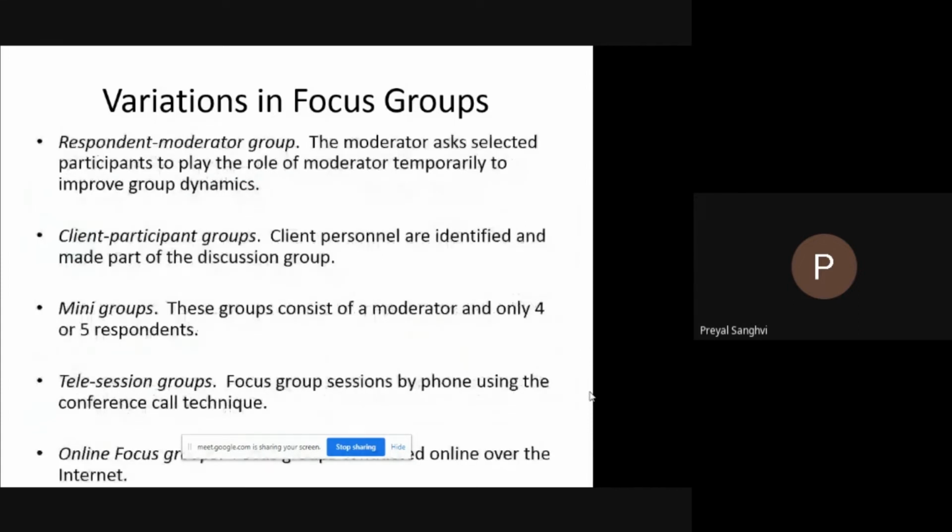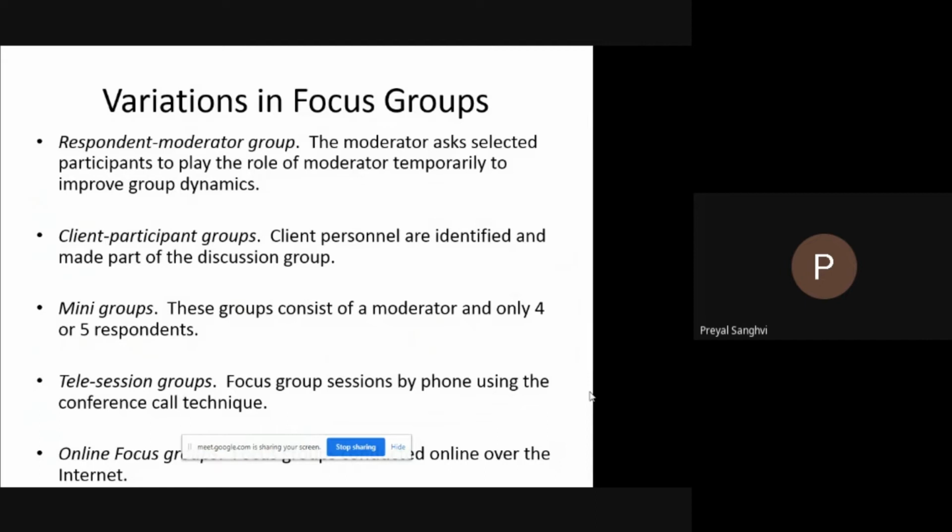If we talk about respondent moderator group, then for a temporary period of time, the respondent will play the role of the moderator and the moderator will play the role of the respondent. If we talk about client participant group, one member from the client side will participate in a focus group. In mini group, the group size is only 4 to 5 members discussing with each other.